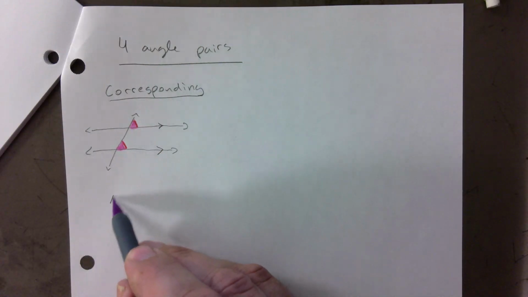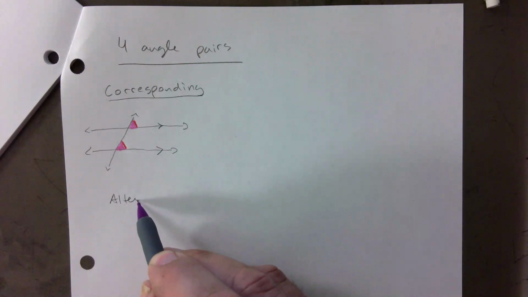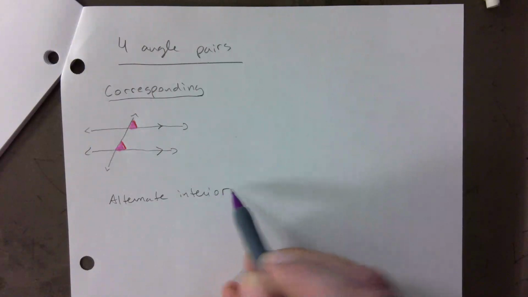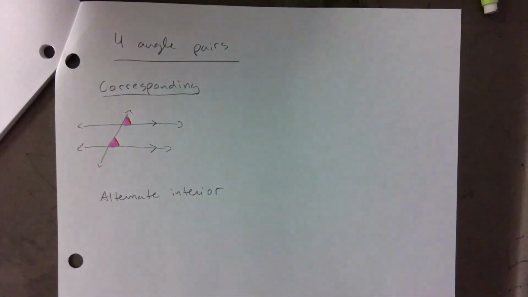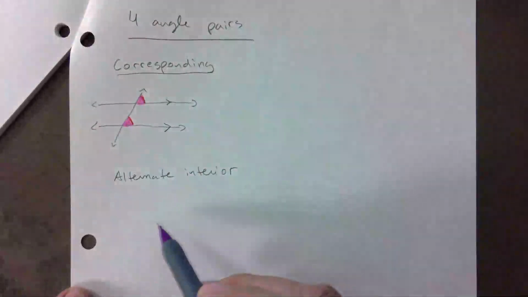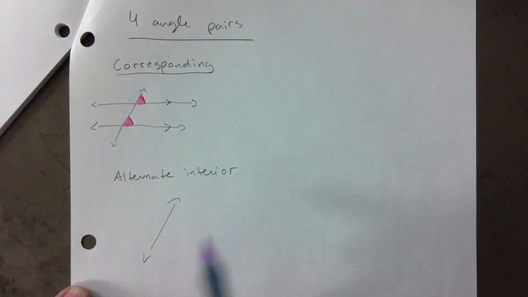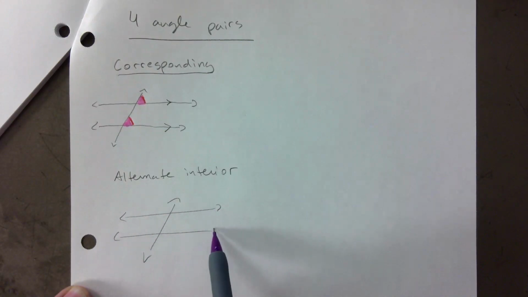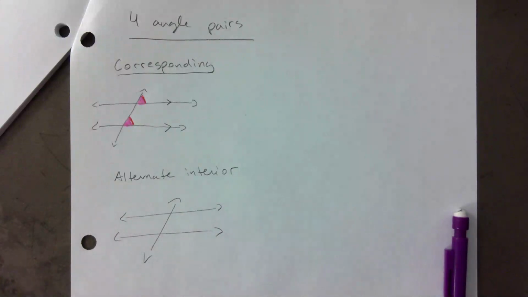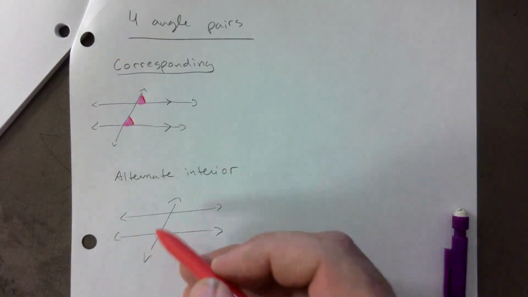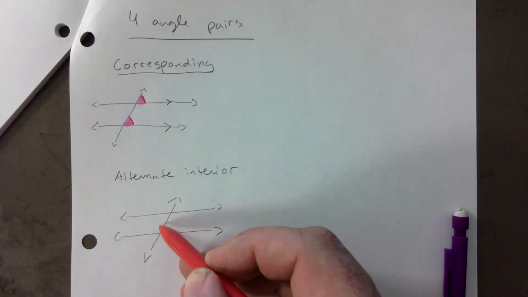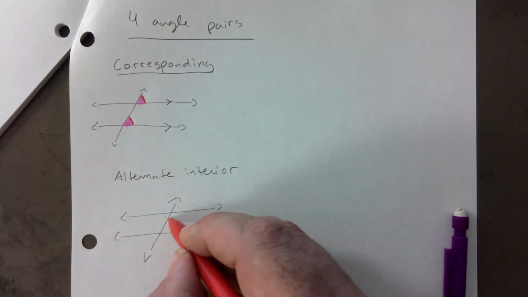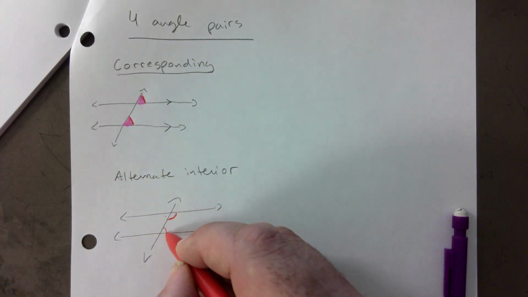And then we have alternate interior. I would just have my transversal going like this, and then 2 other lines going like that. And there, the alternate interior, where are they located? It could be these 2 here, or it could be these 2, as long as they're inside. So I'm just going to stick with, no, sorry.